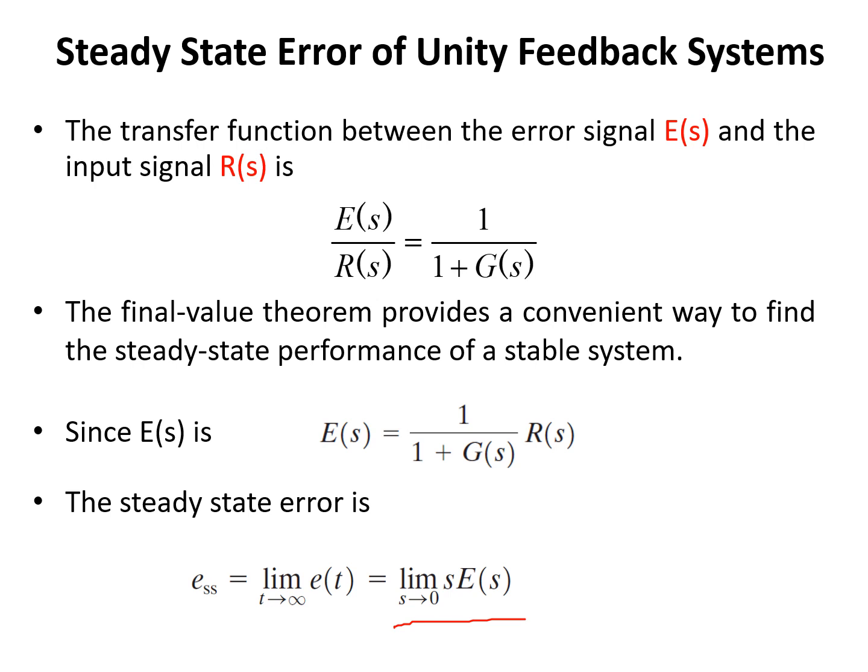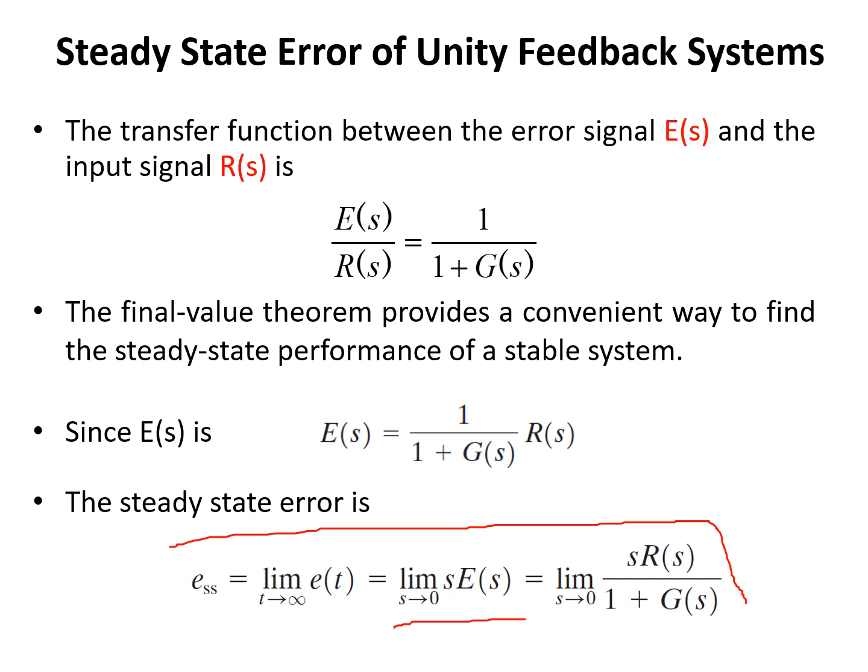This is nothing but the statement of the Laplace final value theorem. Now according to this, my steady state error can be written as limit s tending to 0 of s into R(s) divided by 1 plus G(s).